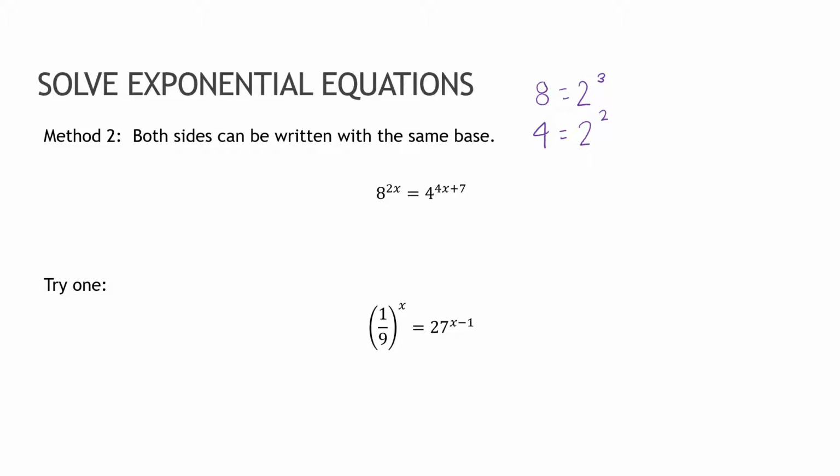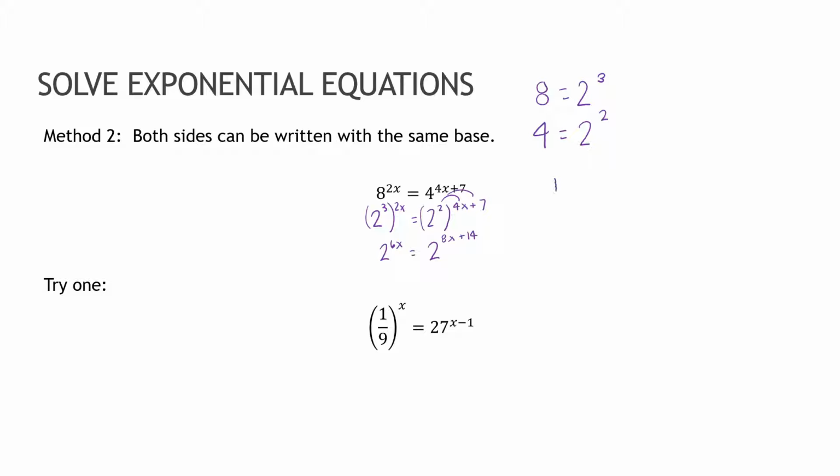So I'm just going to rewrite 8 as 2 to the third, still to the 2x, and 4 as 2 squared, still to the 4x plus 7. So what does that do for me? Well, I've got 2 to the 6x, and I have 2 to the 8x plus 14.